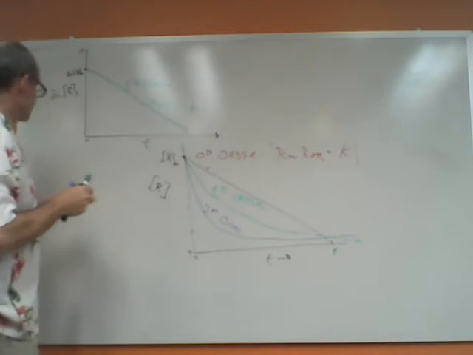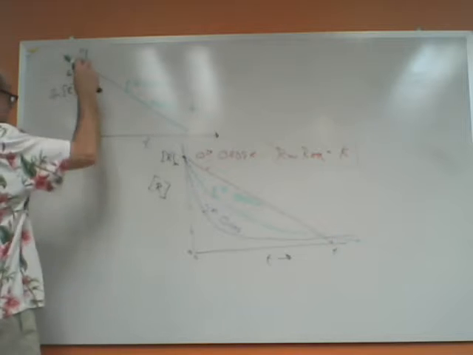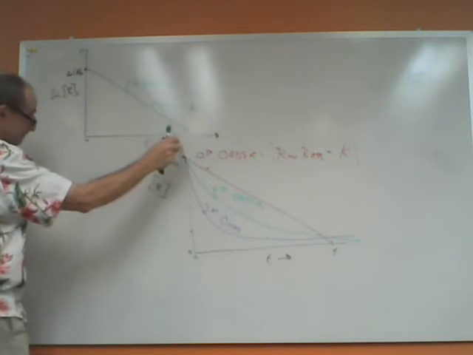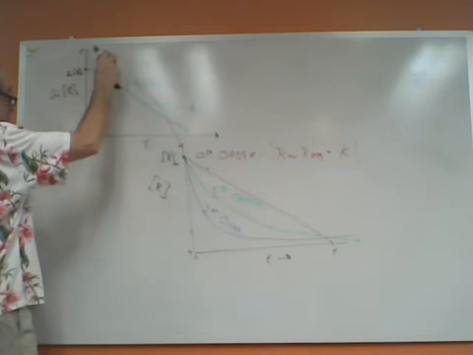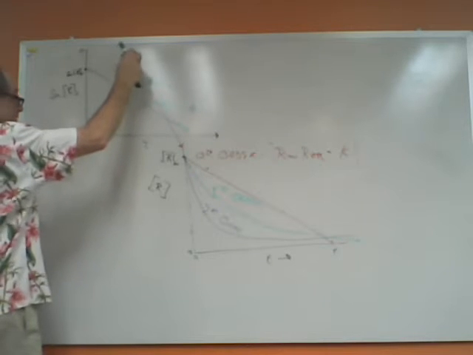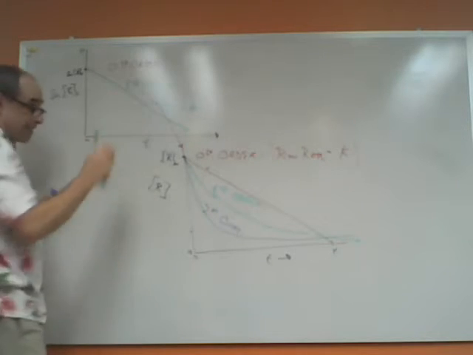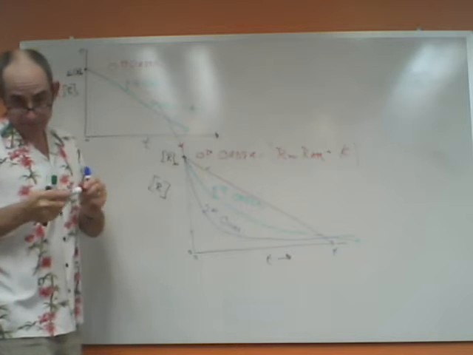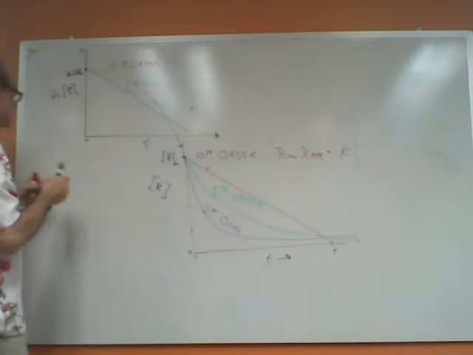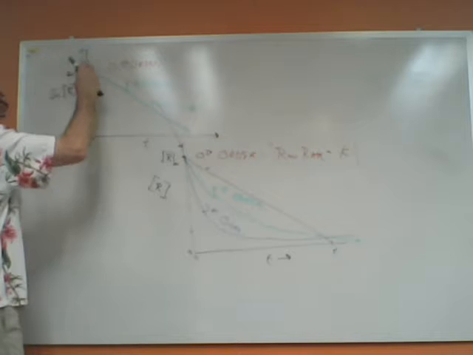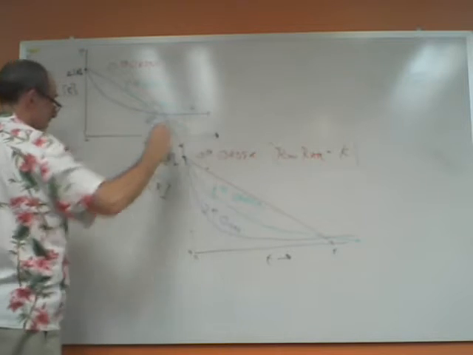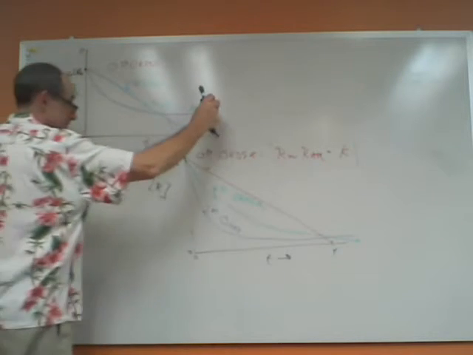The zeroth order reaction, which is shown here in red, would come down and then curve downward. So that red is my zeroth order. And a second order reaction, starting from the same point, would come down and curve upward. So that blue would be second.